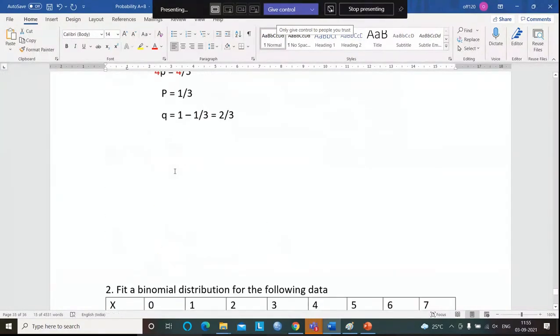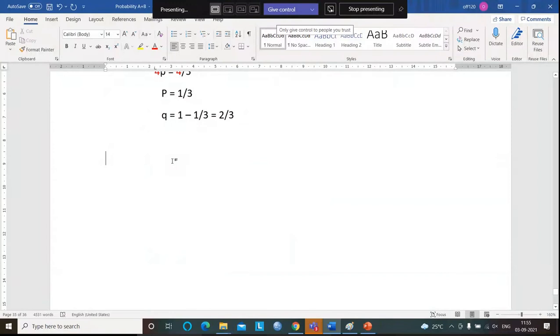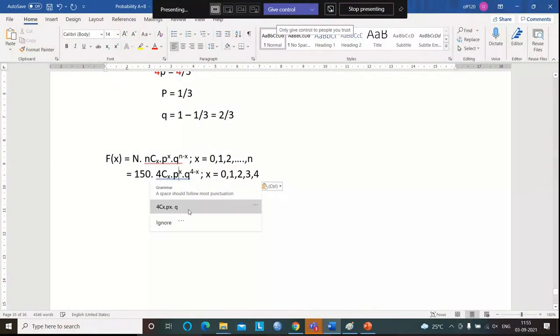By substituting these values onto the generalized function, what is the p value here? P value is 1 by 3, and q value is 2 by 3.